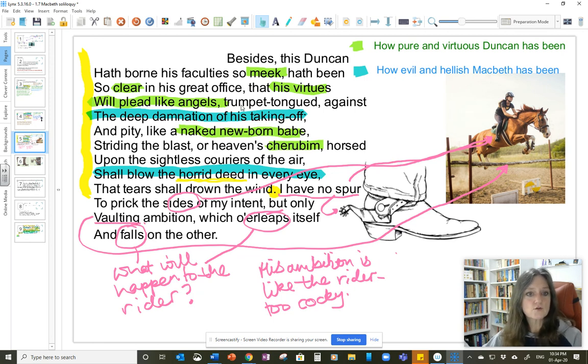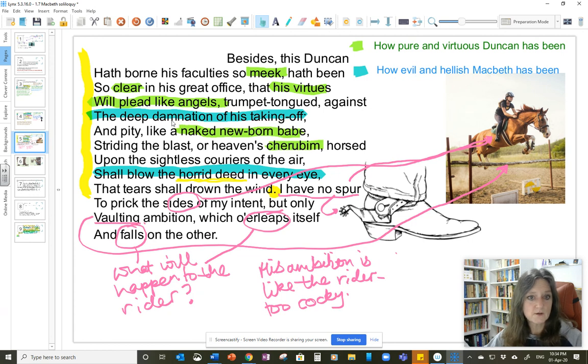And here we get the contrast against the deep damnation of his taking off. And taking off means the way that he died, so the way that Macbeth murdered him. And the deep damnation means you're going to get sent to the pits of hell.